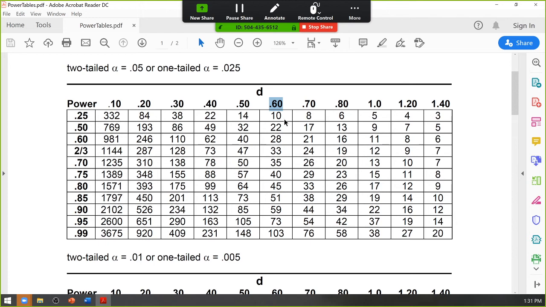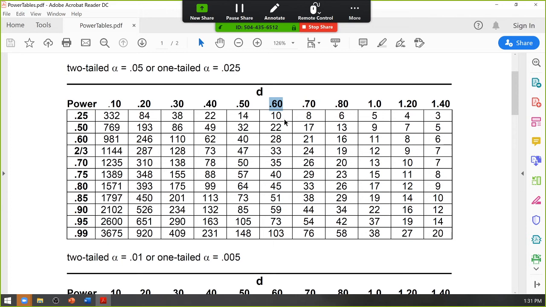Power should be what? Nope. Higher than that. Yes. 0.8. 0.8 is the universally accepted value.